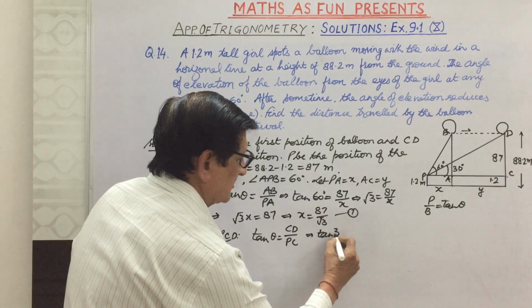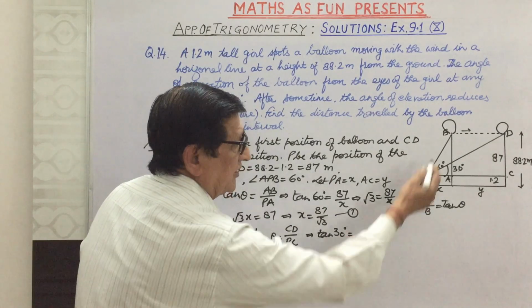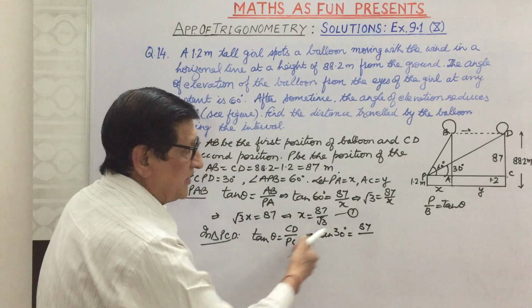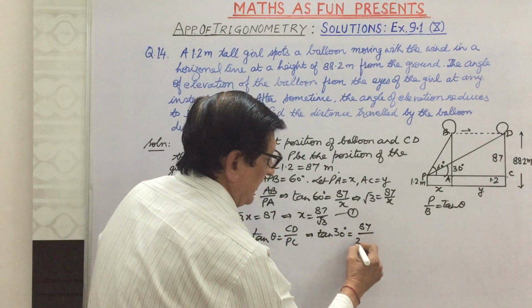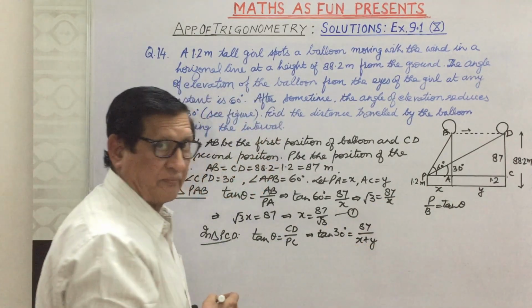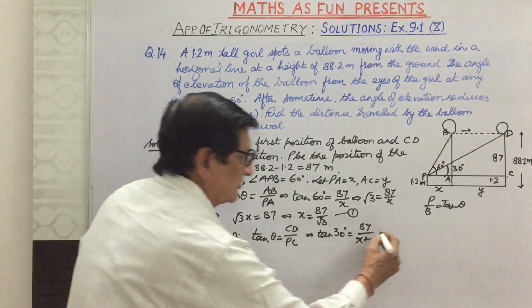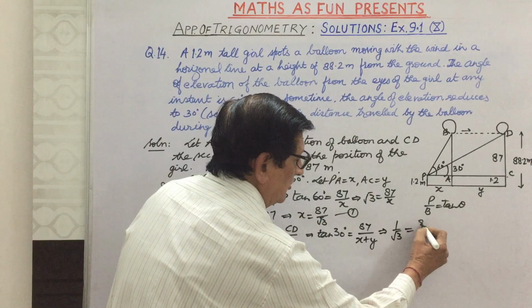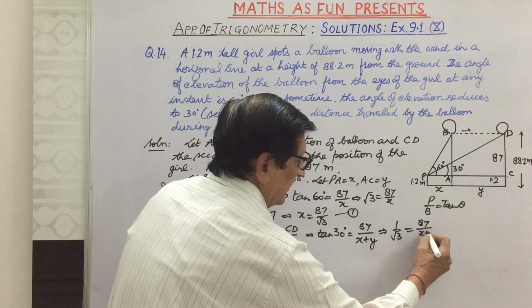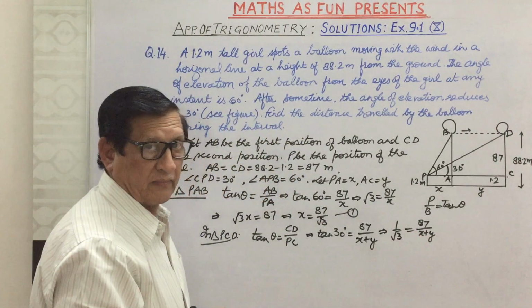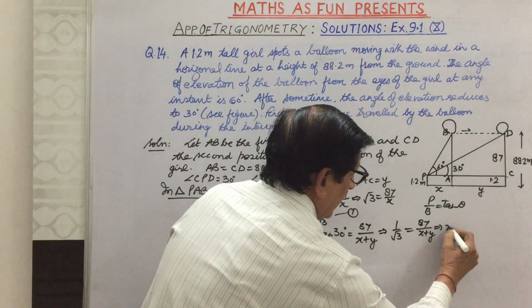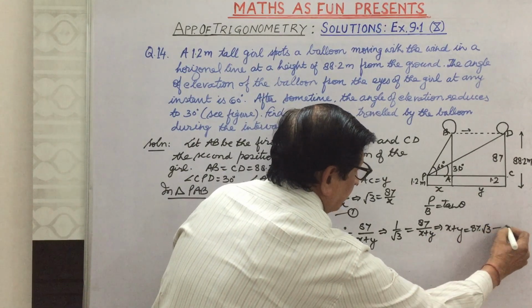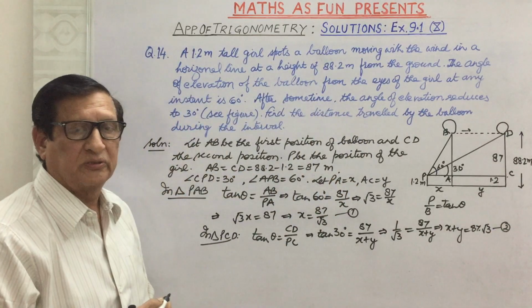So tan 30 is equal to CD, that is 87, and PC, that is here x plus y. From the table we know the value of tan 30 is 1 upon root 3. So this becomes 1 upon root 3 is equal to 87 upon x plus y. Multiplying this we get x plus y is equal to 87 into root 3. This we can consider as equation number 2.